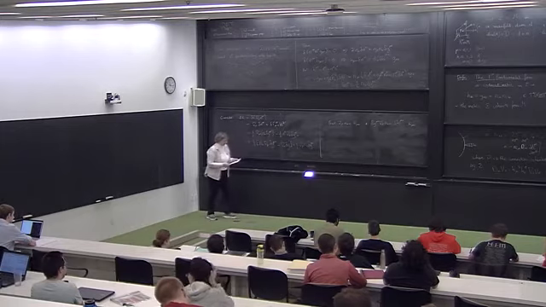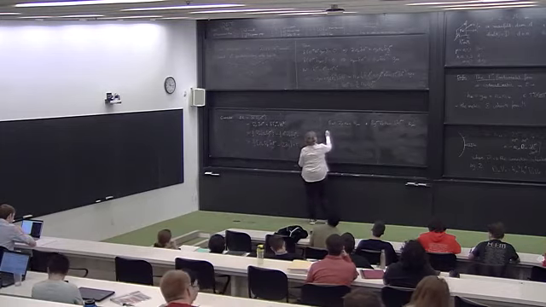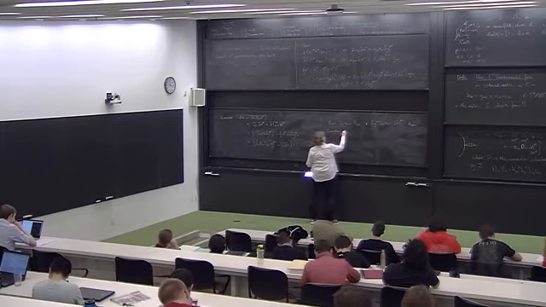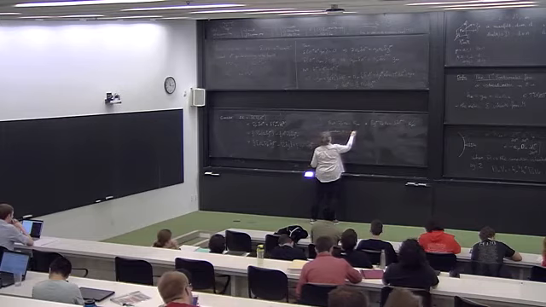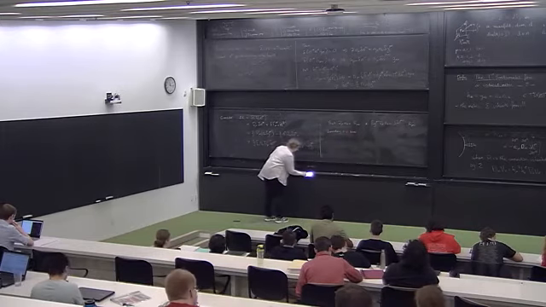So this boundary term that we had, the Euler-Lagrange boundary term, is what's lurking under here.